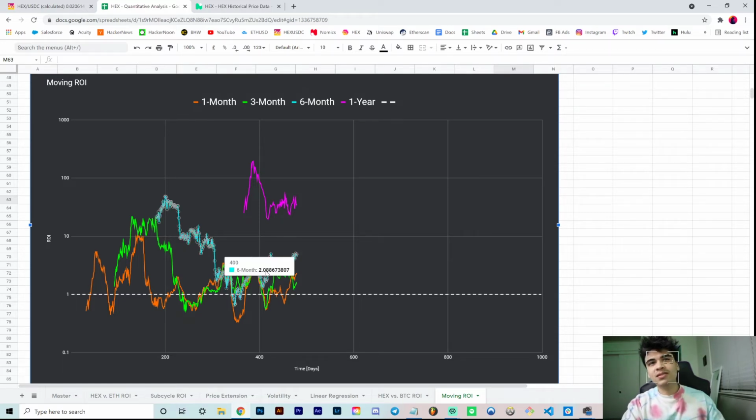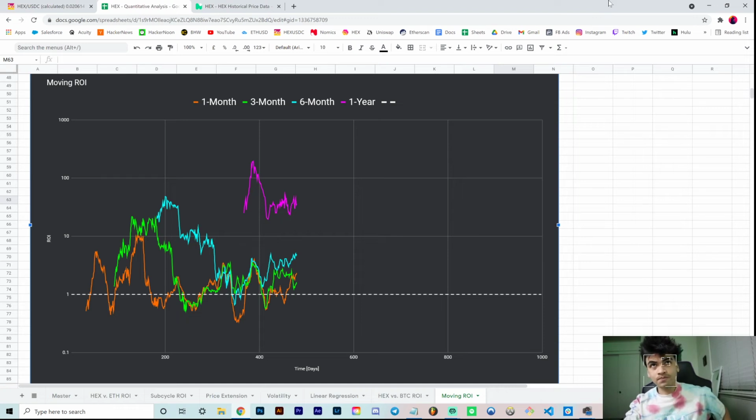So what does this illustrate? The fact that the 1 year ROI guys are way out here is that this is a long-term approach. And you've seen this in Bitcoin, for example, where you have a new all-time high every 3 years or so. You'd be hard pressed to find yourself underwater if in Bitcoin, for example, you had an investment time horizon of over 3 years.